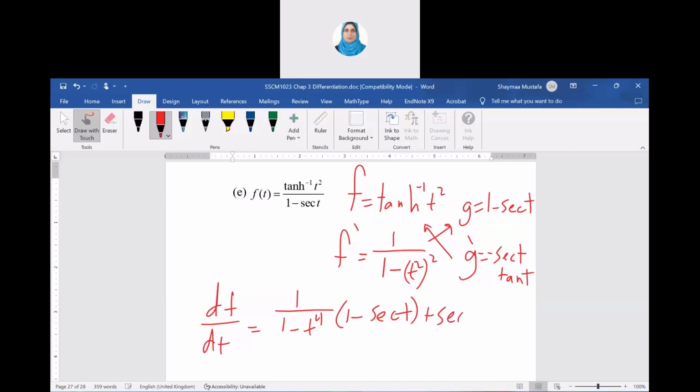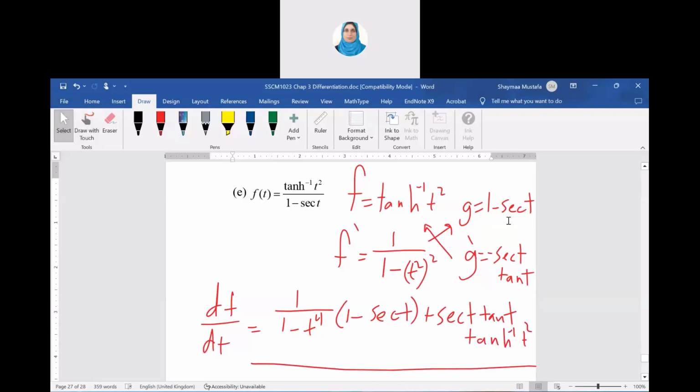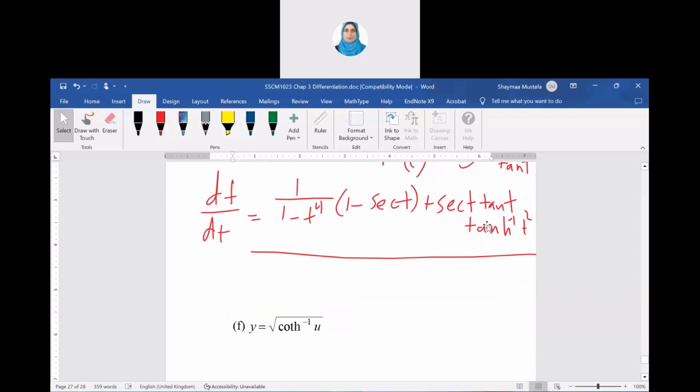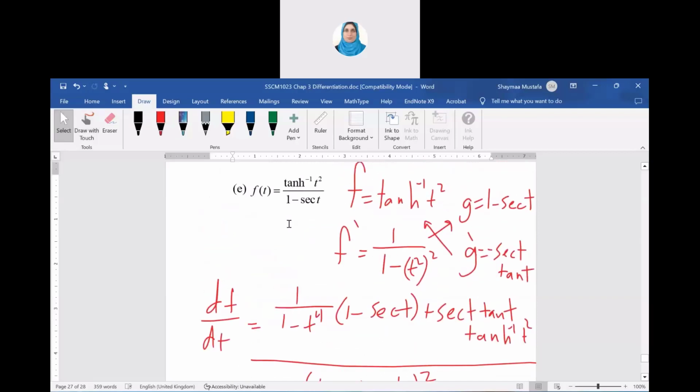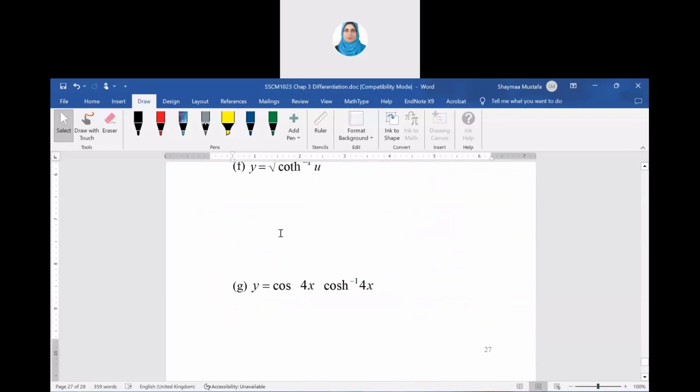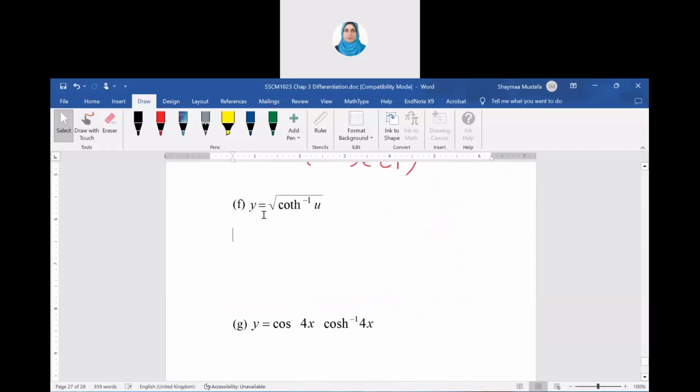So minus minus becomes plus sec t tan t tan inverse t squared, all over g squared, which is 1 minus sec t squared.